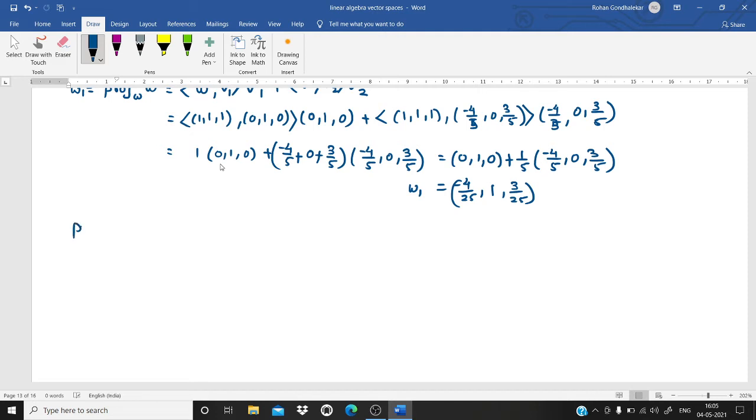W2, the projection of W over the W perp, is given by W minus the projection of W over W, that is W minus W1. So which is 1, 1, 1 minus (minus 4 by 25, comma 1, comma 3 by 25).